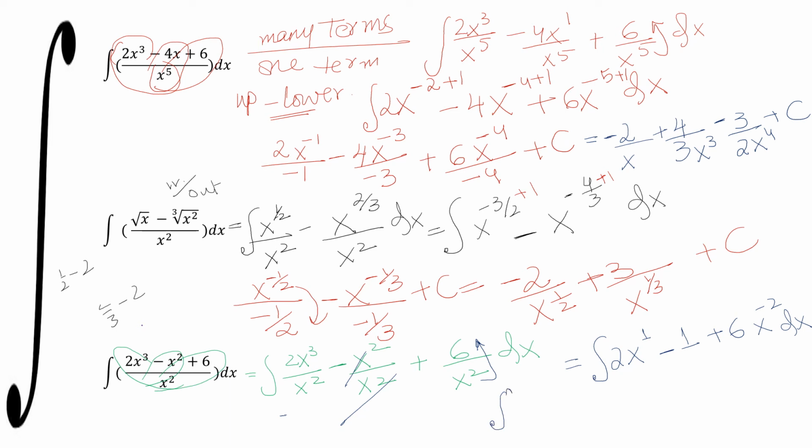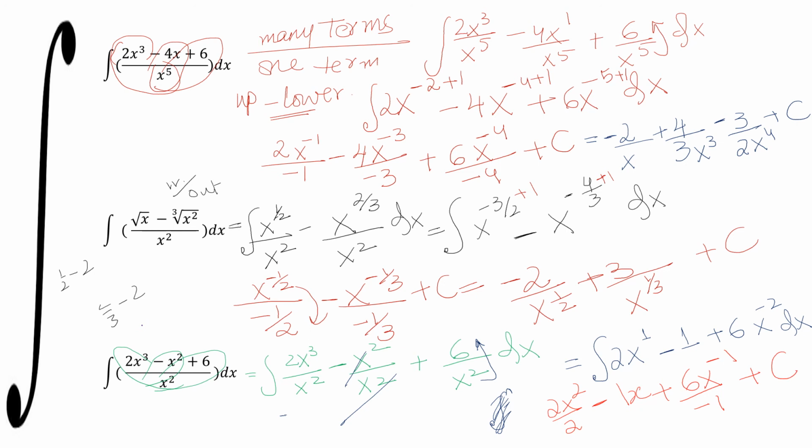So 2, now we will not write the integration sign. Here we have 2 x to the power 1 plus 1 gives you 2, divided by 2, minus, here there is no x, so we will add the x, plus 6 x to the power negative 2 plus 1 gives you negative 1, and divide by the same number, plus c.